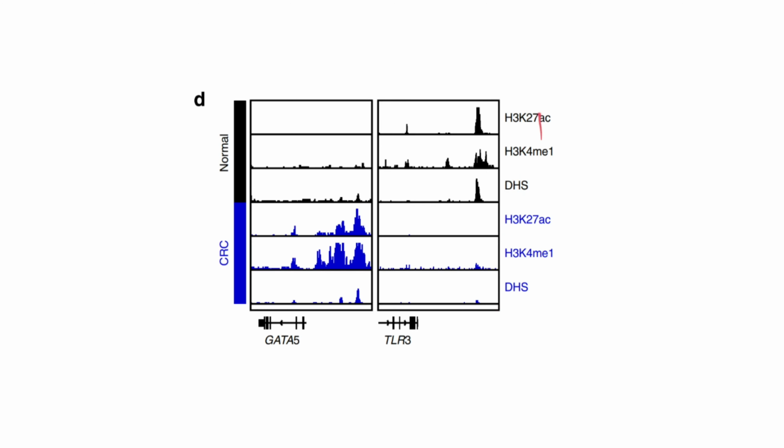In the normal, there is a higher level of protein binding in this region, while the colorectal cancer doesn't have it. Similarly, a few regions that have more of this protein bound to the DNA region may cause something.